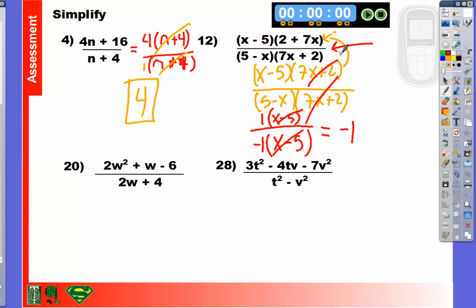Now, the one thing that we haven't discussed yet, and we haven't spent a lot of time on this, is what number in the first problem would make this whole thing undefined? What number can you not have in the denominator? 0. So what can we not put in for n that would make this 0?